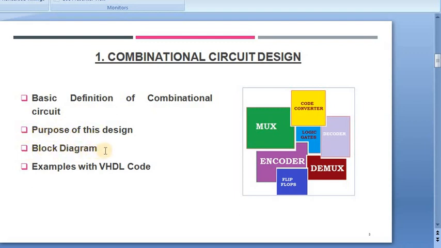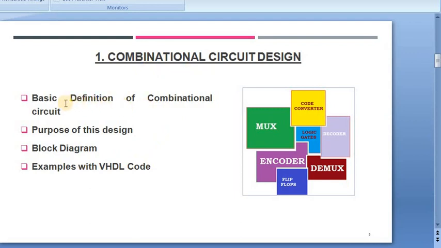Then we study its block diagram configurations. After that, various examples shall be taken up for better understanding of the topic. The block diagram along with the VHDL code shall be discussed at the end so that we can have better understanding of the topic. So let's explore these four in detail now.